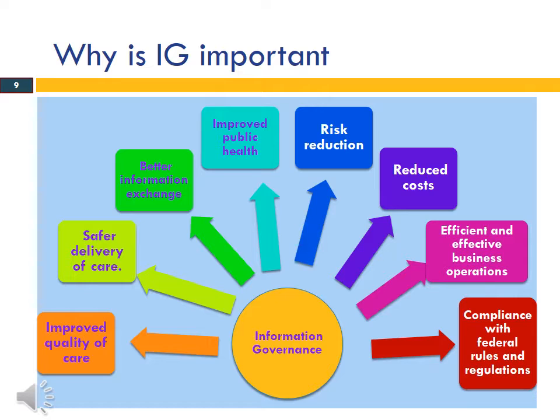This is a simple diagram that explains why information governance affects so many areas of healthcare. It can affect compliance with federal rules and regulations. It can make businesses more efficient and effective in their operations by reducing their costs and reducing their risks, which cost them money. It can improve public health. Information governance allows for a better information exchange system, a safer delivery of care, and improved quality of care.